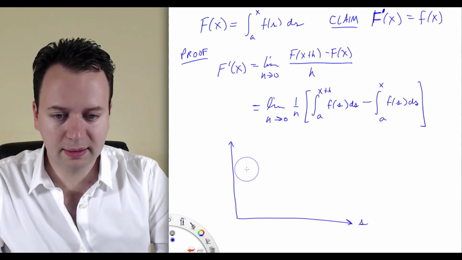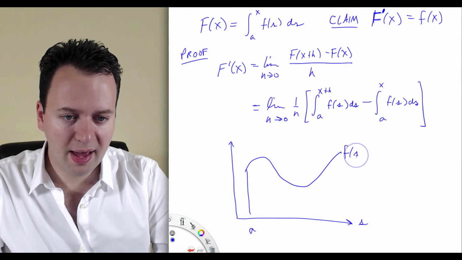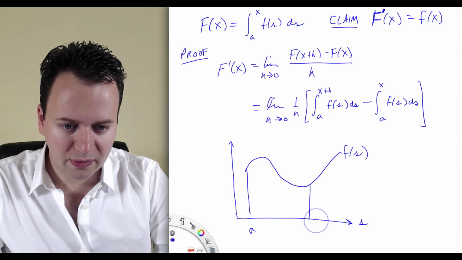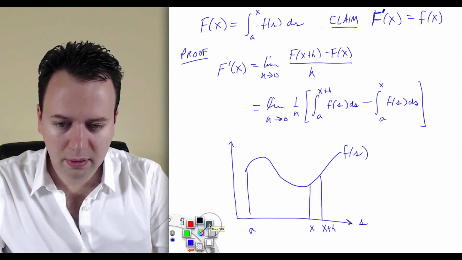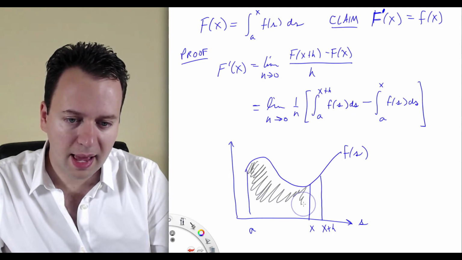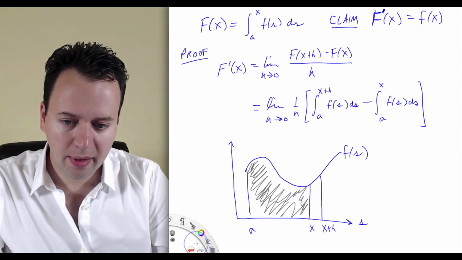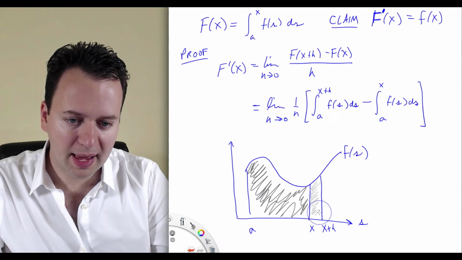Here's s, here's a, here's f of s, and let's say this is the value x, and then we have x plus h like this. So we have the integral from a to x, like that. And then we have the integral from a to x plus h.